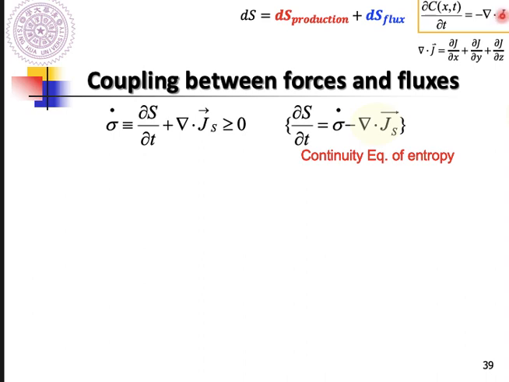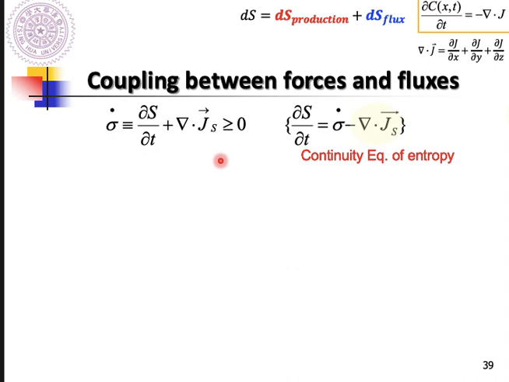Then this flux will become the entropy flux. So after you divide by the volume and the time, you will get this one. Okay, so from here let's turn to the left-hand side. You get the entropy production rate per volume equals partial S partial T plus the gradient of the entropy flux.